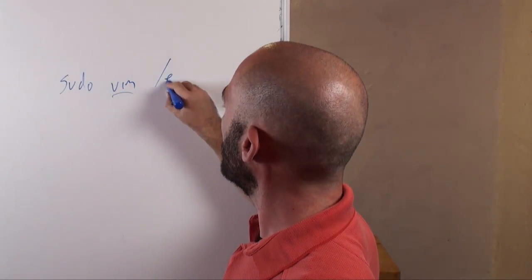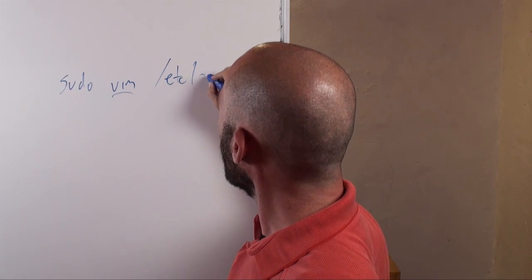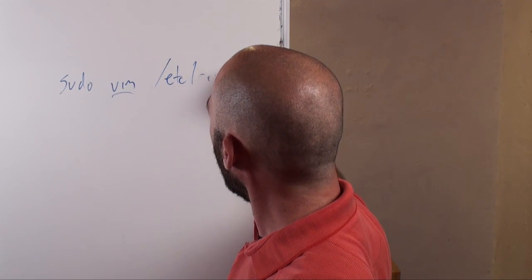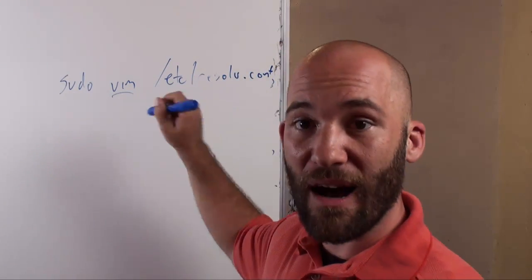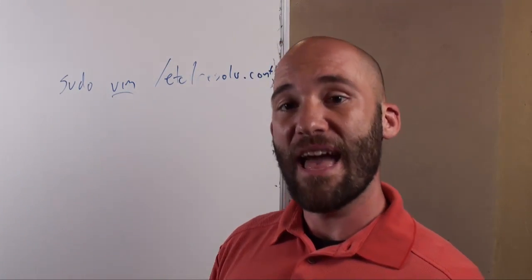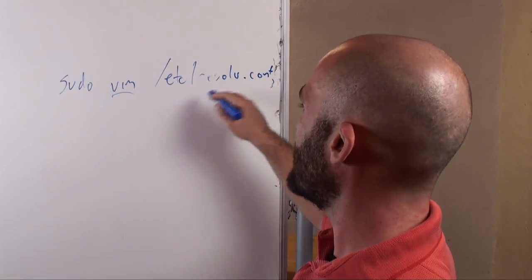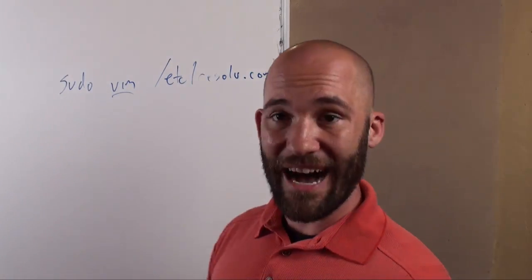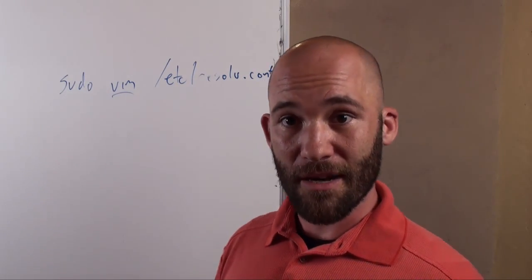Then it's /etc/resolv.conf. That's the file where you're going to edit the DNS information. So basically, with sudo vim /etc/resolv.conf, when that opens up, all you do is you plug in the IP addresses.